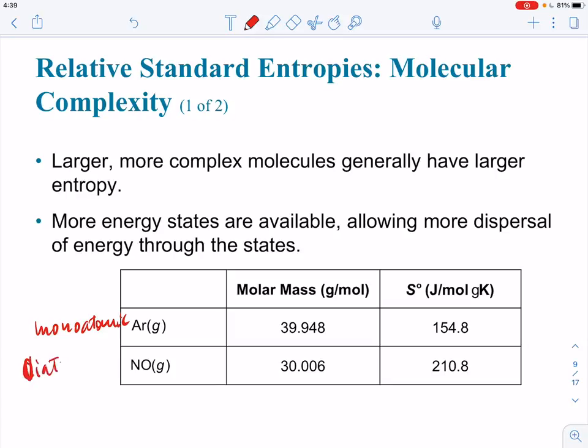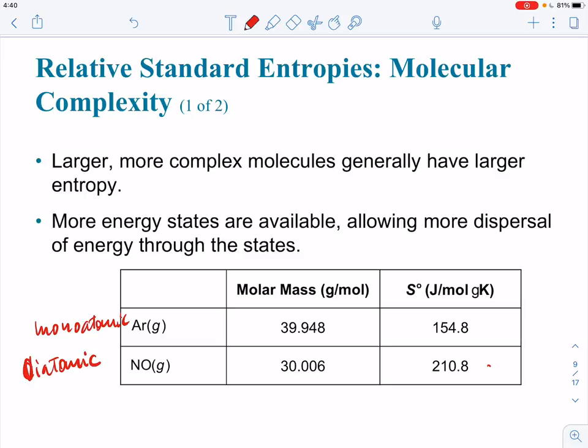So we are adding 2 atoms to that structure, right? So instead of having only 1, we have 2 atoms. However, the molar mass for argon is larger than for nitrogen monoxide. Still, the entropy for nitrogen monoxide is larger than for argon.